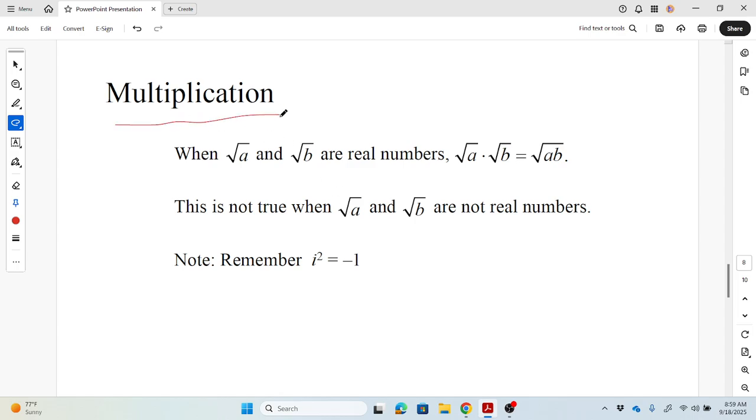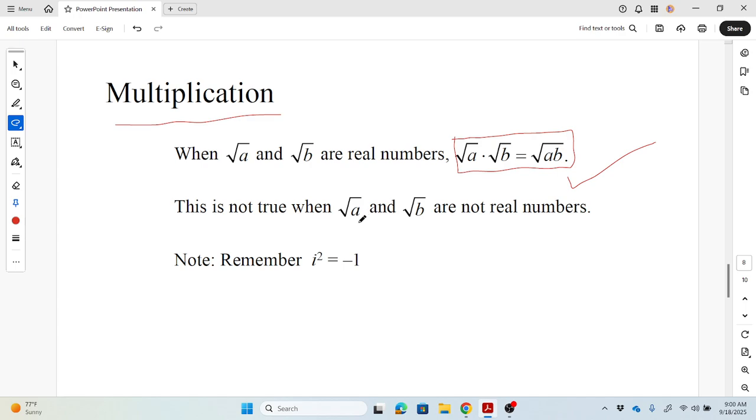Multiplication. If you try to multiply two real numbers, this is true for real numbers, but if you try to multiply two imaginary numbers or two complex numbers, then that might not be true. So this relation of multiplication, which is true in the real number system, is not true in complex numbers.